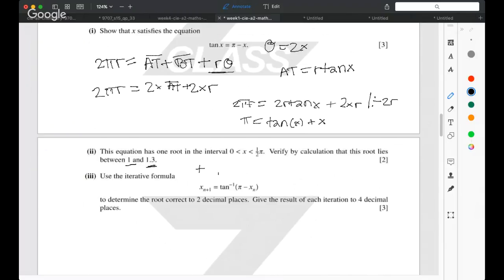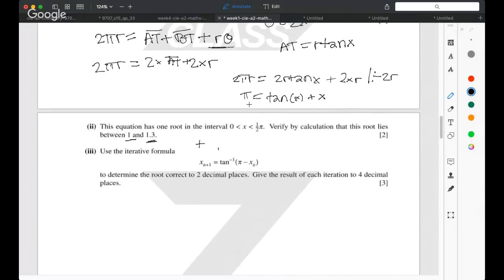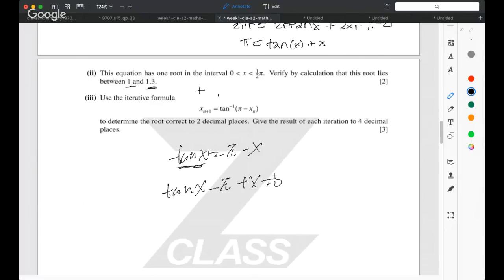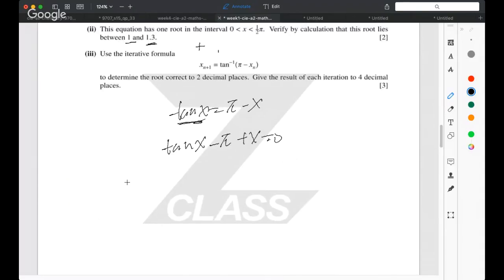So the equation is tan x is equal to pi minus x. We can rearrange this equation and it becomes tan x minus pi plus x is equal to 0. To solve this equation is basically to find where this function intersects the x-axis.